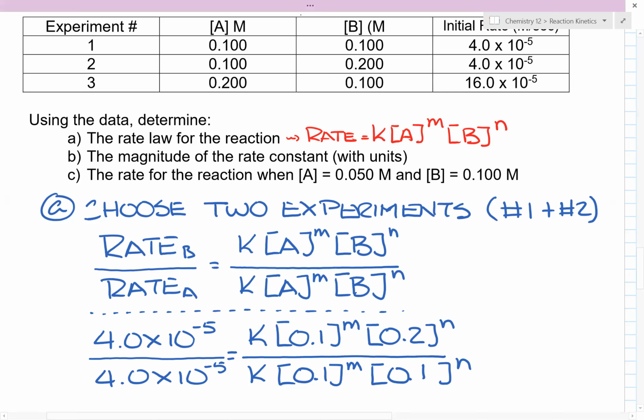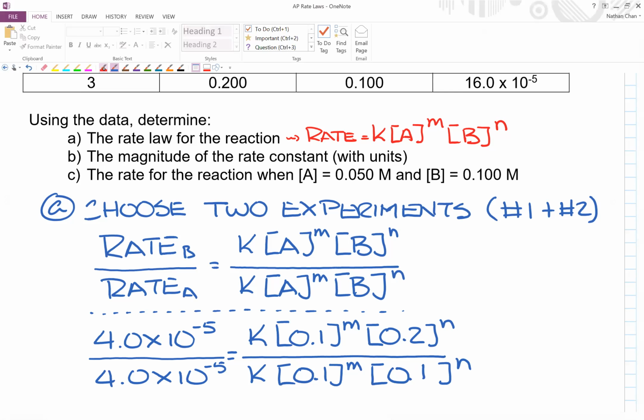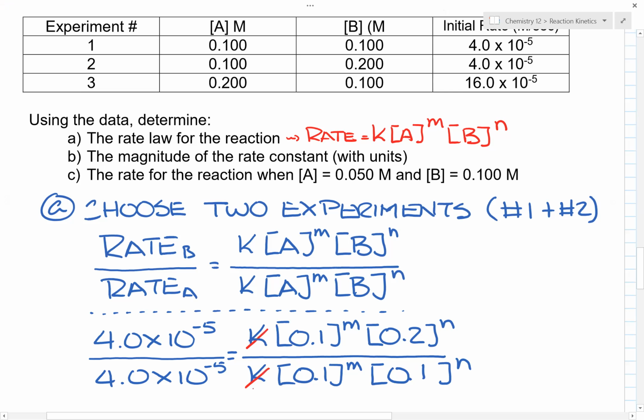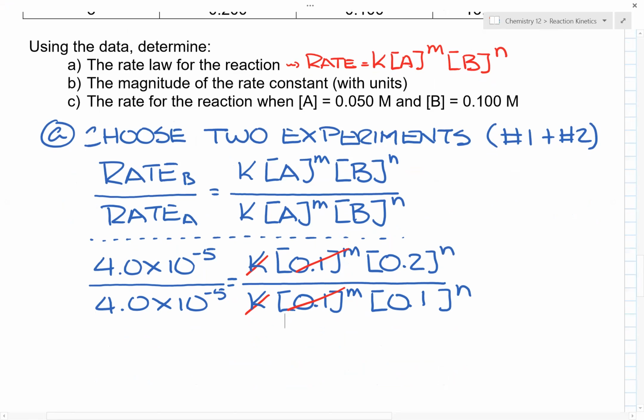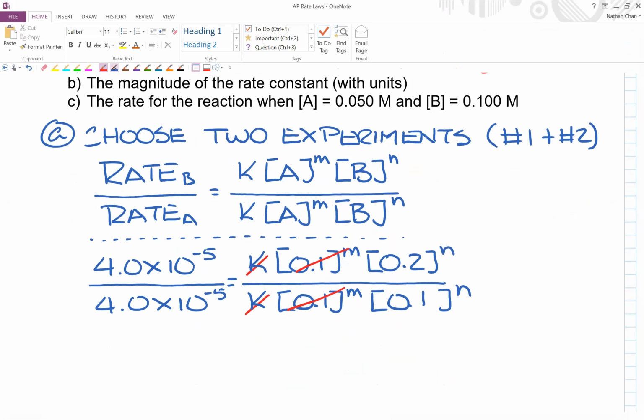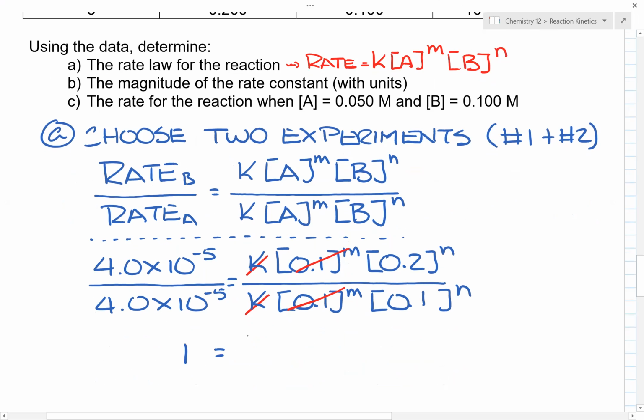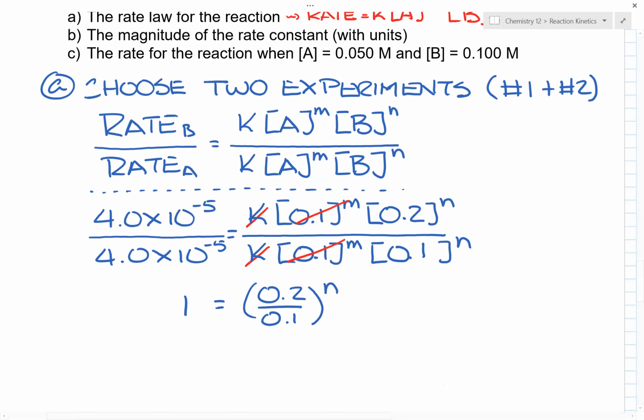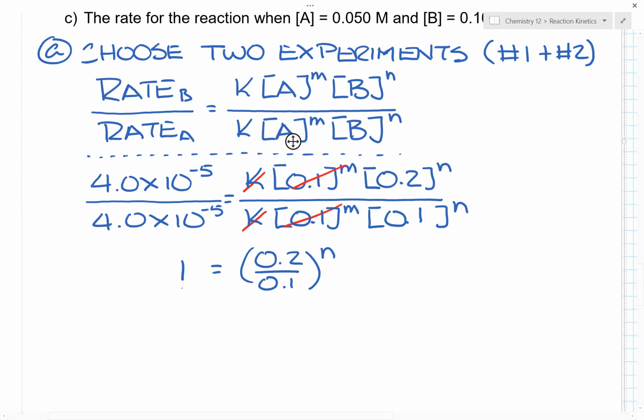Okay, now what you will notice is that I can cancel out the rate constants because they're the same, it's the same reaction. So what I have left is 1 is equal to 0.2 divided by 0.1 raised to the power of N. So here, 1 is equal to 2 to the power of N. So going back to your exponents, what is 2 to the power of N gives you 1?